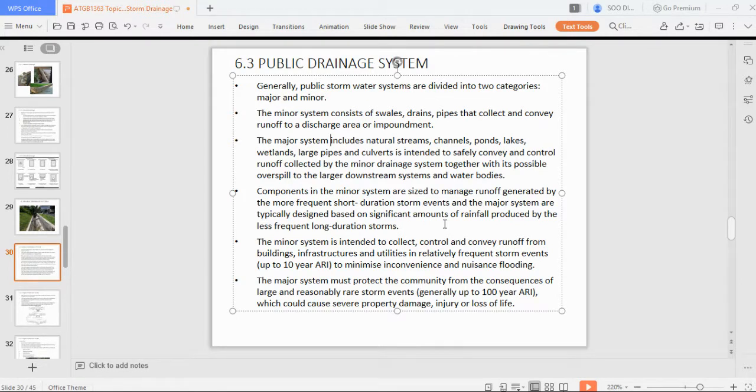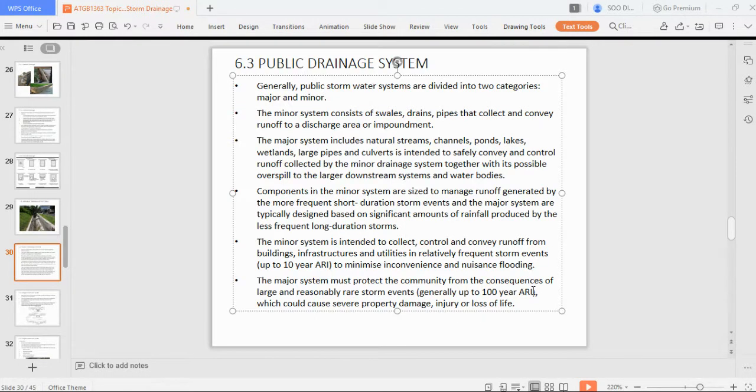A minor system is just intended to collect, control, and convey runoff from building infrastructure and utilities in relation to frequent storm events up to 10 years. But the major system is to protect the community for any large and reasonably rare storm event up to 100 years.